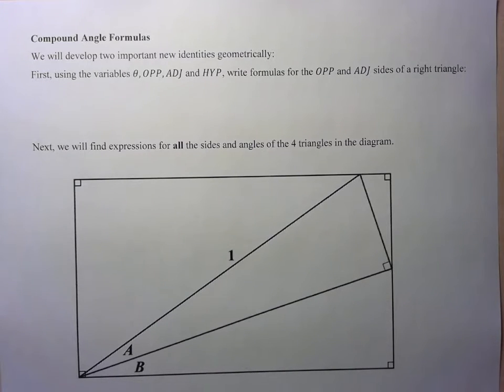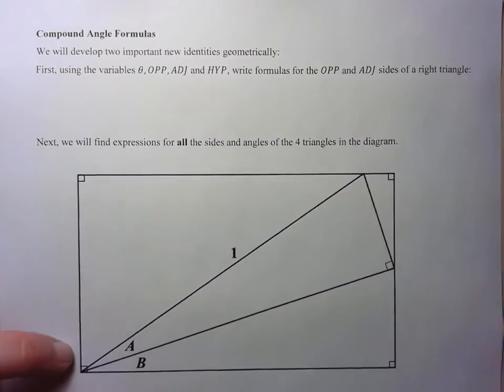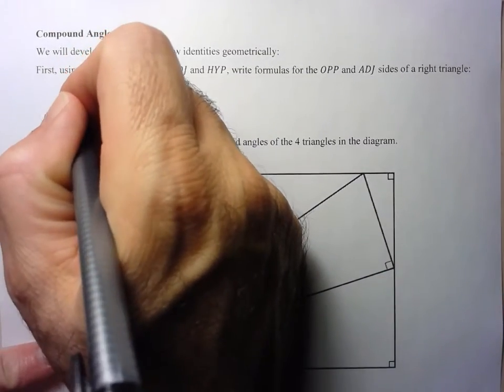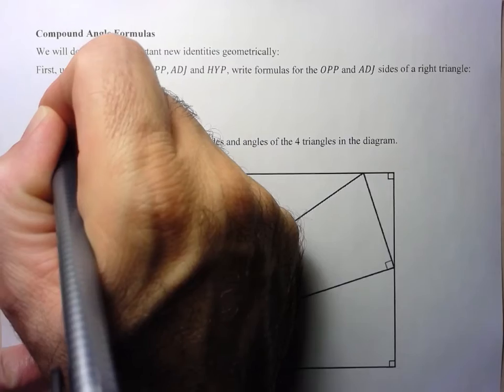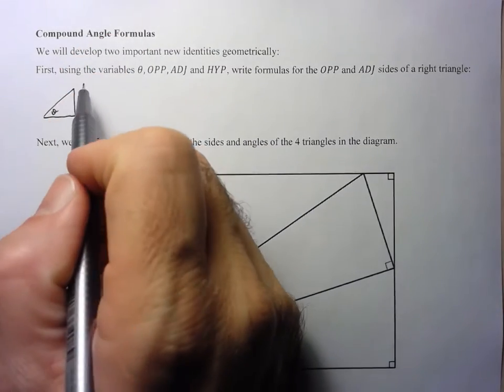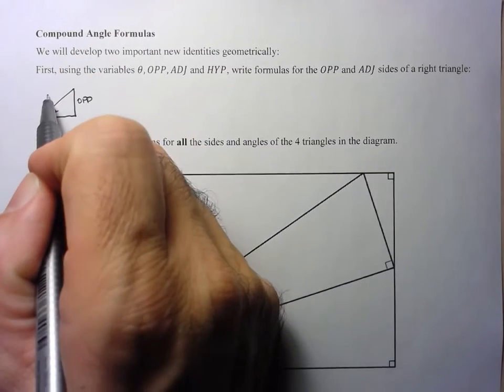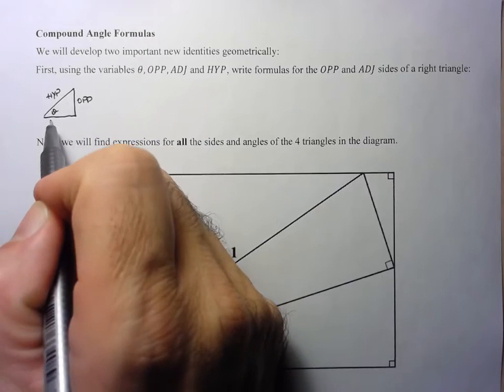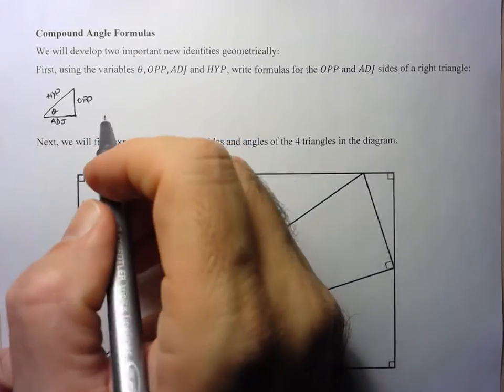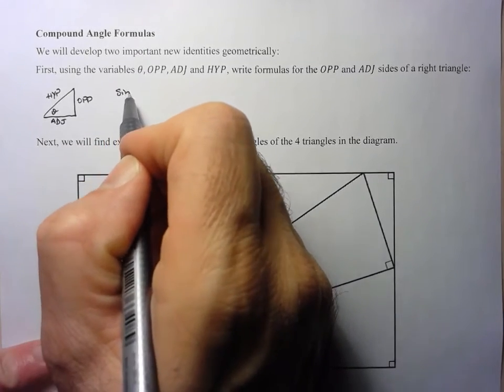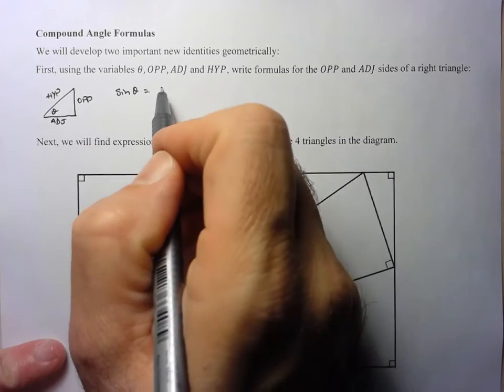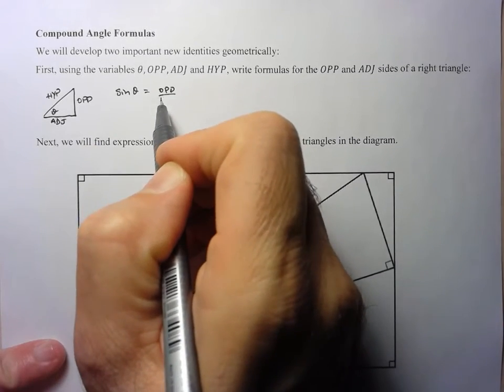All right, so we're back and let's take a look at this here. If I've got some right angle triangle, this is my angle theta, and of course this is my opposite side, this is my hypotenuse side, and this is my adjacent side. If we take sine of theta, what do we get? We get opposite over hypotenuse.